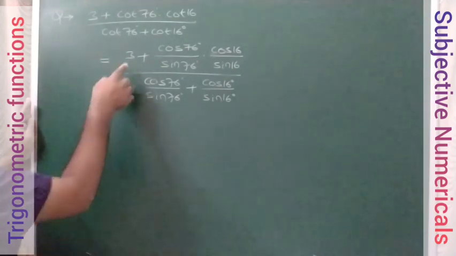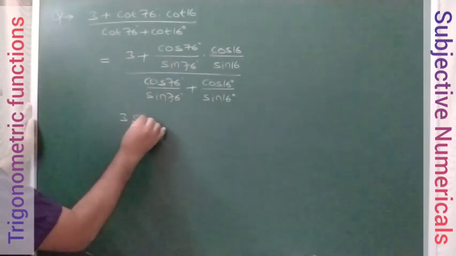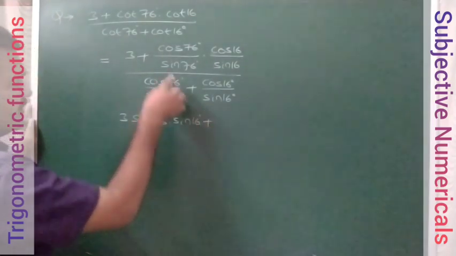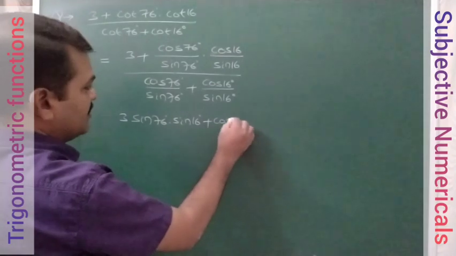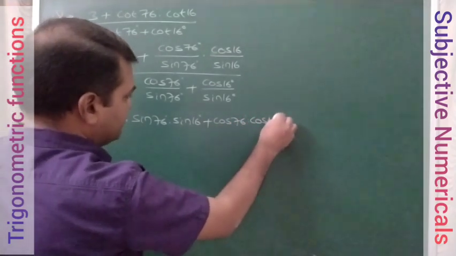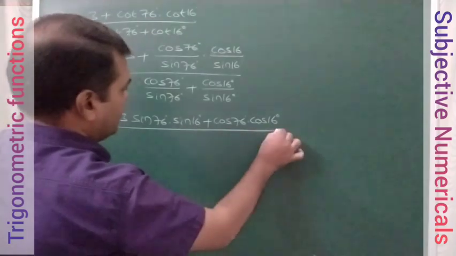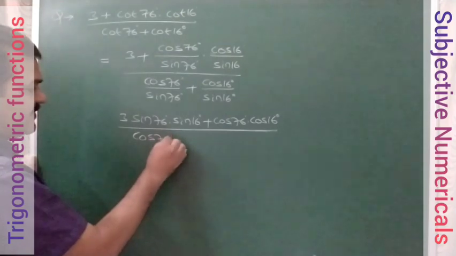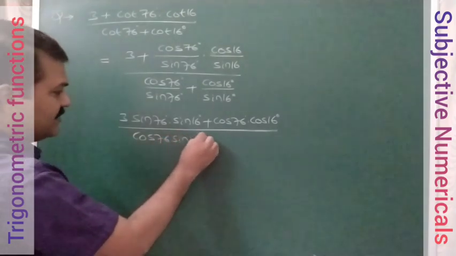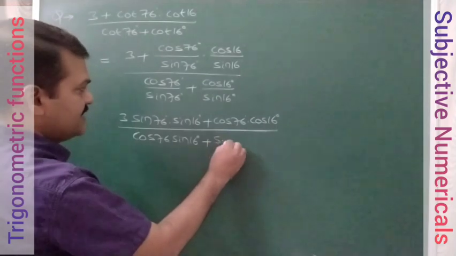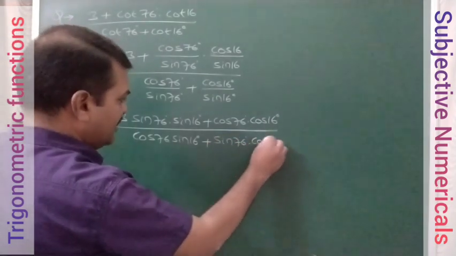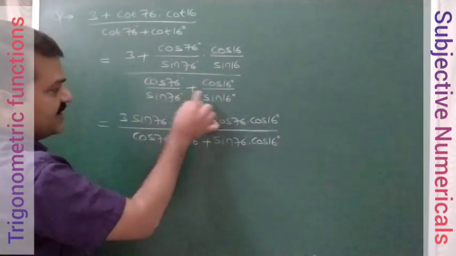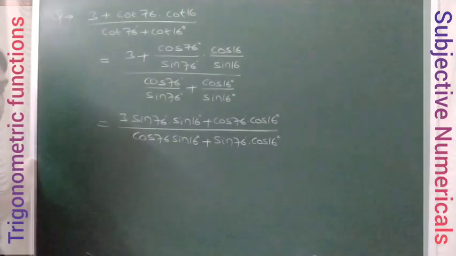Okay. So therefore here you will get 3 sine 76 sine 16 plus cos 76 cos 16, and here the numerator part after taking LCM, so cos 76 sine 16 plus sine 76 cos 16. So whatever LCM we get in numerator and denominator, we are cancelling, remaining part I am writing.